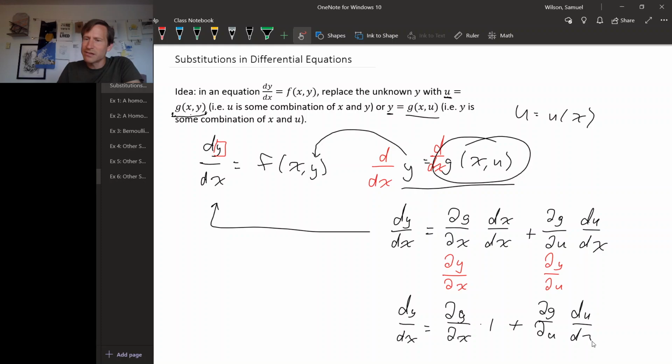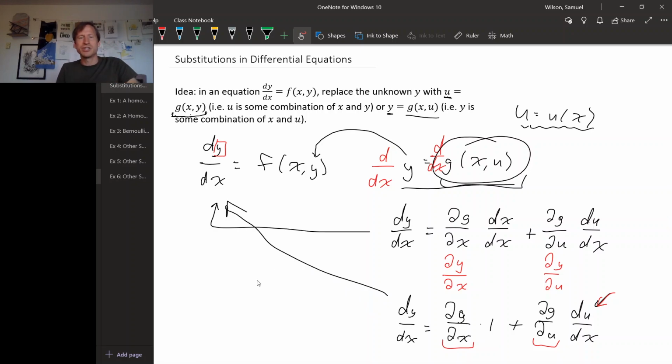And du/dx, since it depends on x in some unknown way, we have to leave this derivative, du/dx, as it stands. If we have an actual substitution, so some actual formula here, the derivatives for g we can actually calculate. But the derivative for u we won't be able to calculate because we don't know what u is yet. Okay, now we can take this and put it into our differential equation.